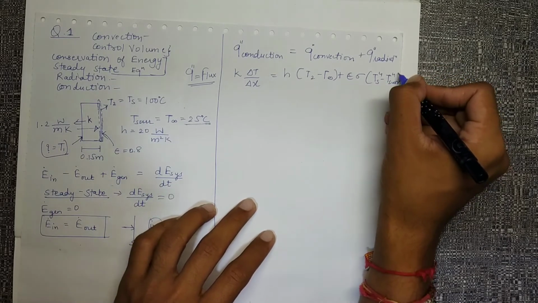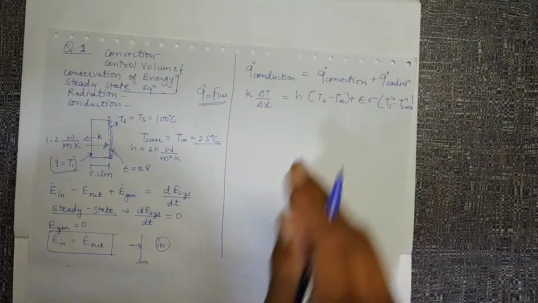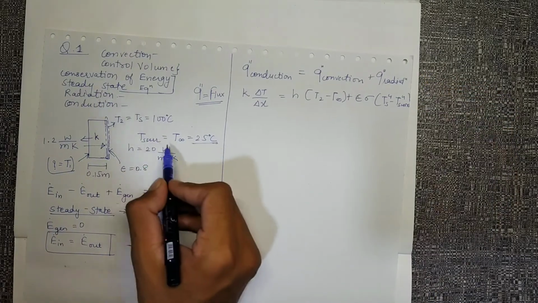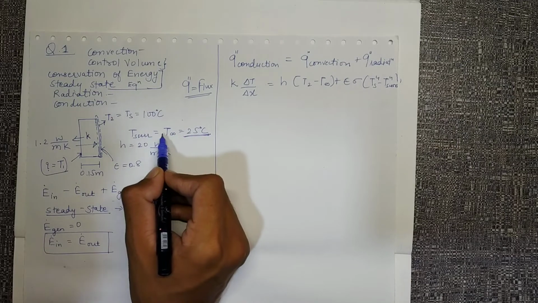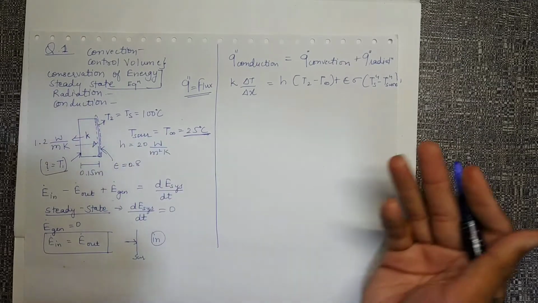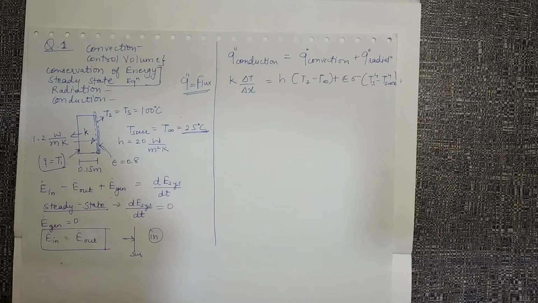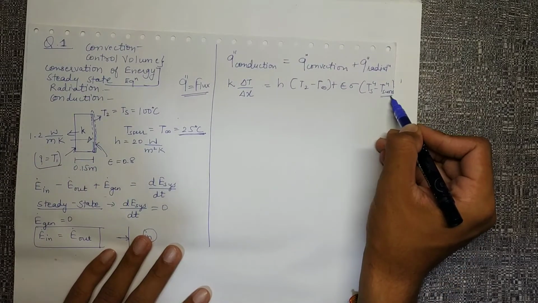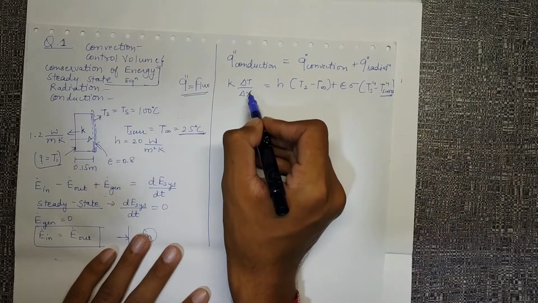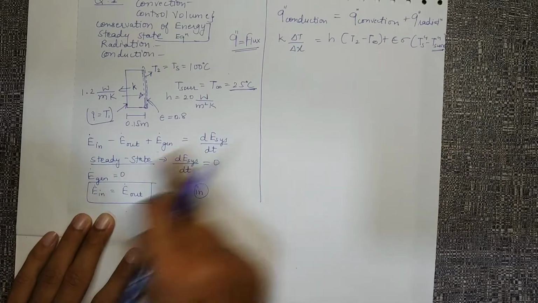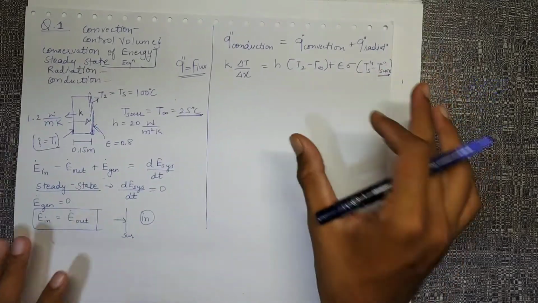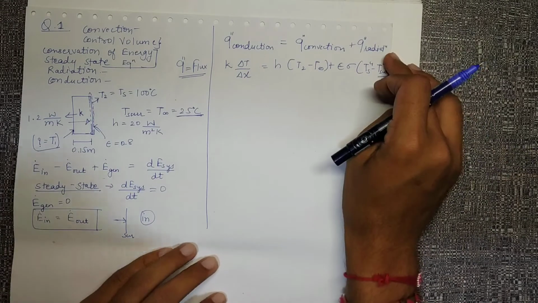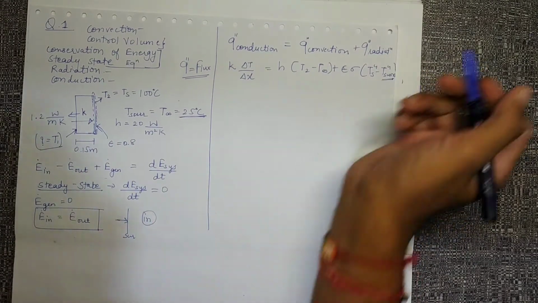Why has this happened? Since the surrounding is also at some finite temperature, the surface will receive some irradiation and the surface will give away some radiation. So whatever we are receiving is subtracted, or if we take it on this side, we are gaining heat due to irradiation. That's a combined term which I have written for radiation. Now it's very easy.